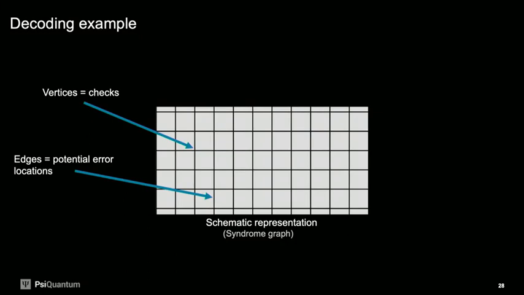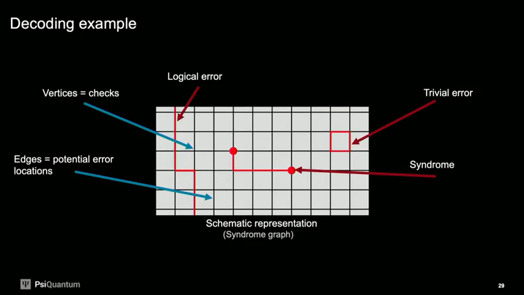Vertices correspond to checks, and edges correspond to potential error locations. So what do errors look like in this picture? If you have a chain of errors, you'll see a syndrome on the boundary. If you have some closed loop of errors, it's either going to be benign, a trivial error if it's like this, or in this example, if it wrapped from top to bottom, then it would be a logical error.